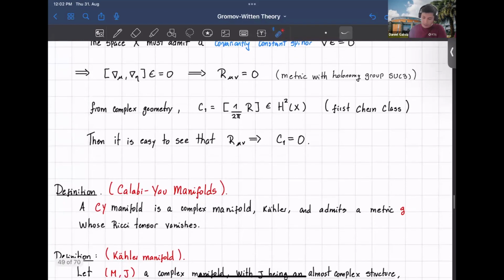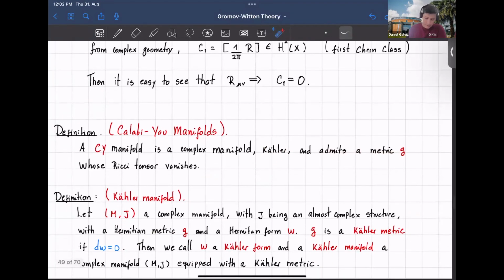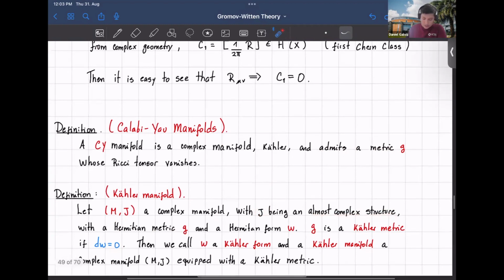Okay, but then we understand what is complex, we understand what admits means, but then what is a Kähler? Okay, so to be a Kähler, let (M, J) be a complex manifold, where J is an almost complex structure with a Hermitian metric.